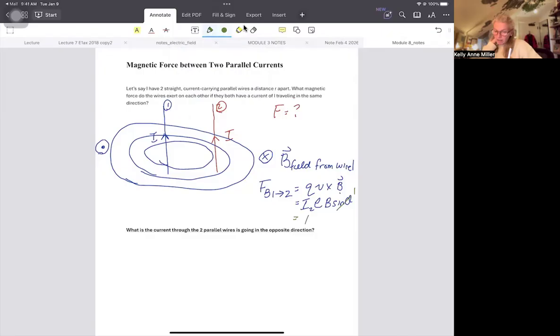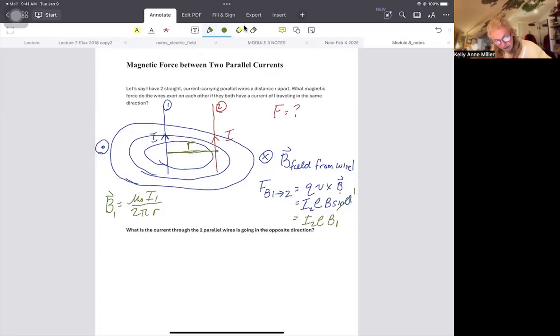So this is going to be the current going through wire 2 times the length of the wire times the magnetic field. And the magnetic field is from wire 1. Now, I just showed you how to calculate the magnetic field from wire 1, right? It's just mu naught times the current going through wire 1 divided by 2 pi r, where r is the distance between the two wires, right?